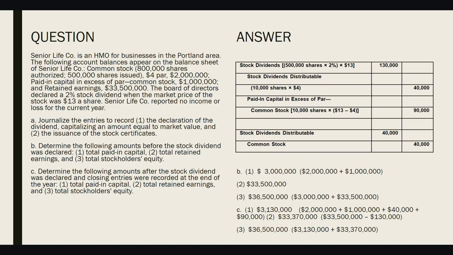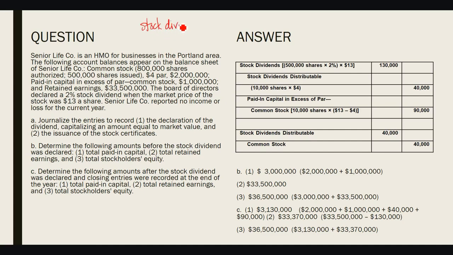All right, so in this next problem, we are given some information and we are asked to journalize the entries to record, number one, the declaration of the dividend, making sure to capitalize an amount equal to market value, and the issuance of the stock certificates. Okay, so this is an issuance of a stock dividend.